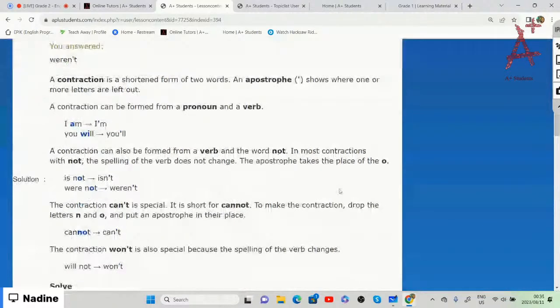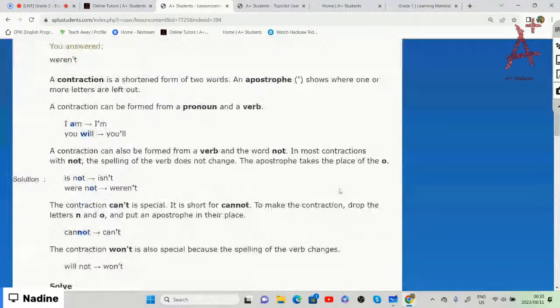The contraction can't is special, and it is short for cannot. To make the contraction, we drop the letters N and O in the word cannot and put the apostrophe in its place.